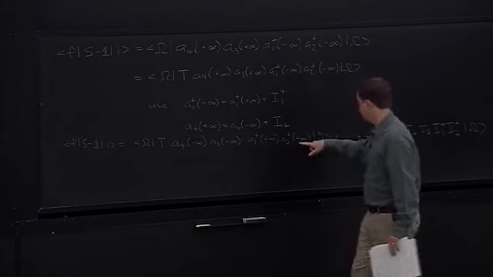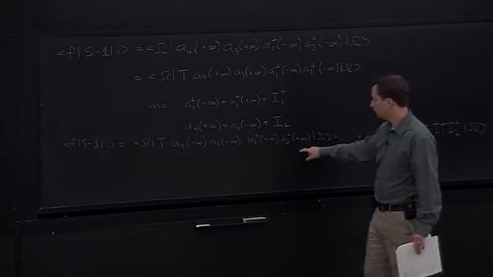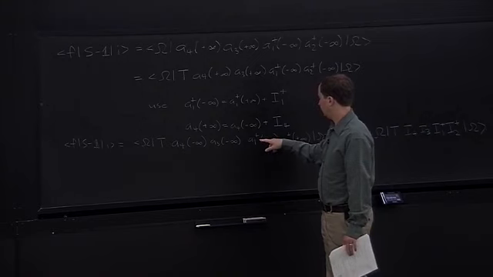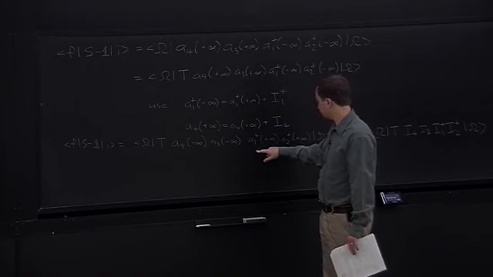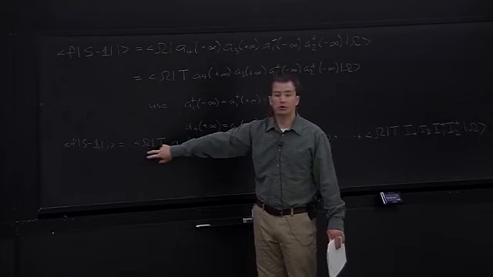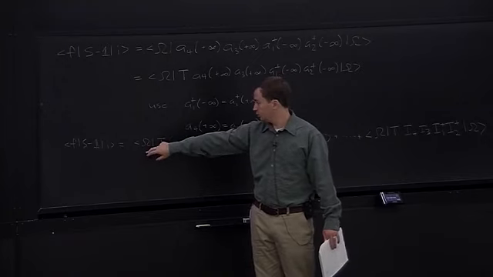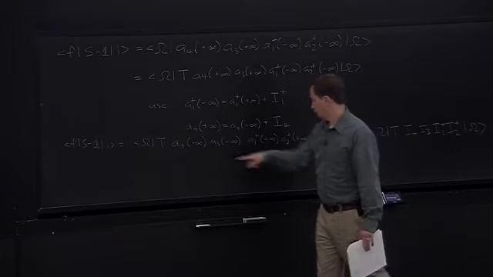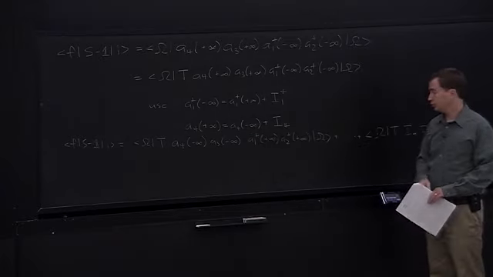A3 and A4 should go to the right, at earlier times. But A1 dagger is a creation operator, so it annihilates the bra vacuum, and the annihilation operators annihilate the ket vacuum. So this term is just 0.